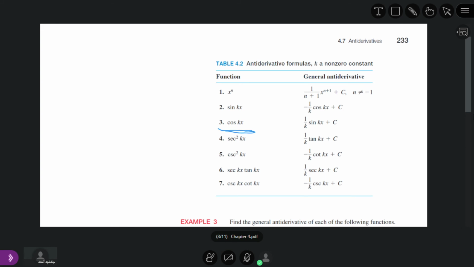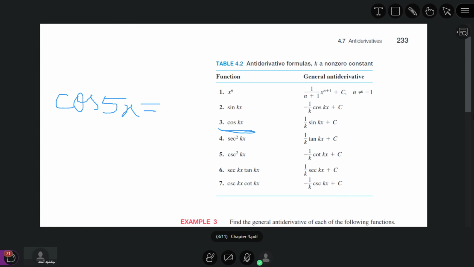Yes, it is correct. Minus cosine 5x divided by 5. Similarly, if I ask you for cosine 5x, what is the antiderivative?